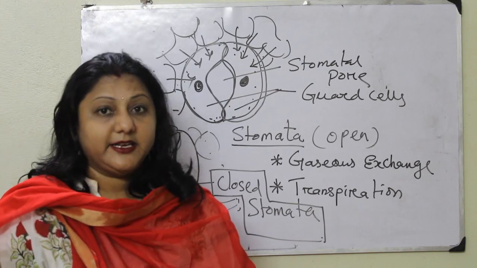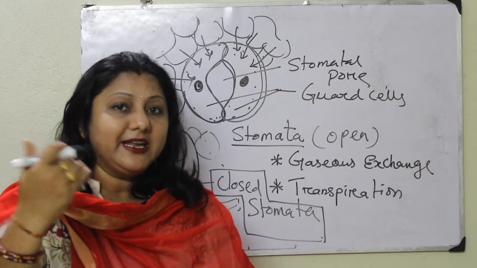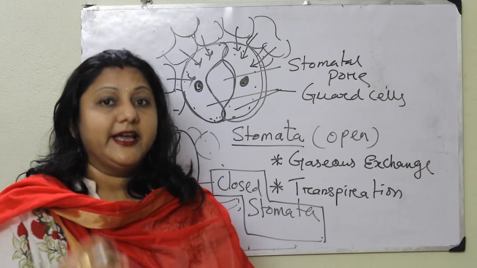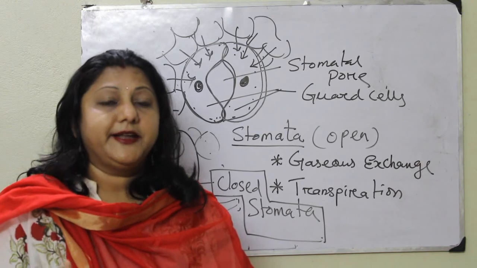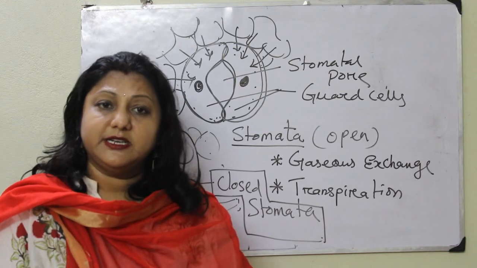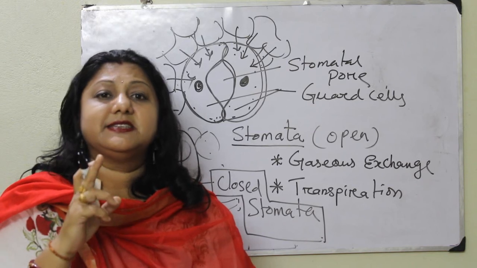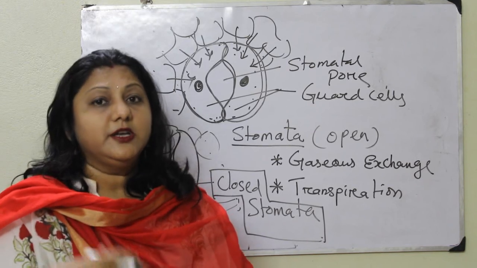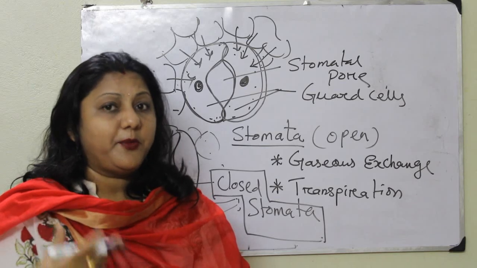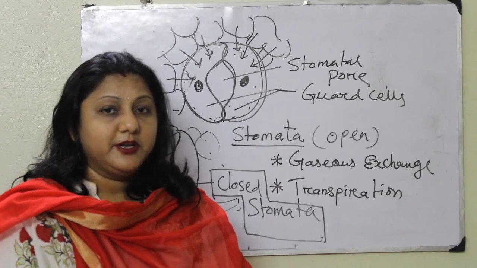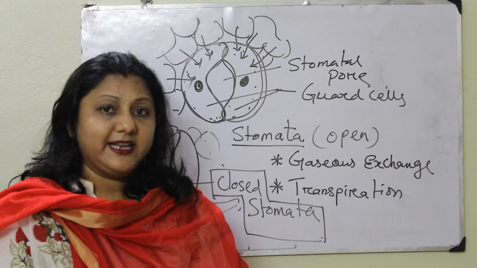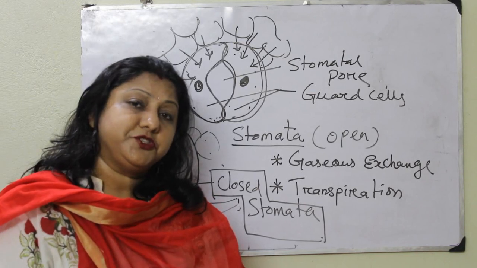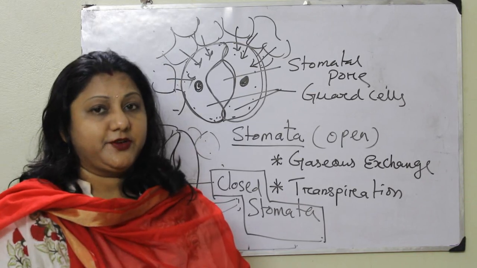The atmospheric nitrogen cannot be absorbed directly from the atmosphere. That is the reason there is a requirement of fixation of nitrogen. So the plant takes the help of the microbe, the bacteria, which converts it into nitrates and nitrites.